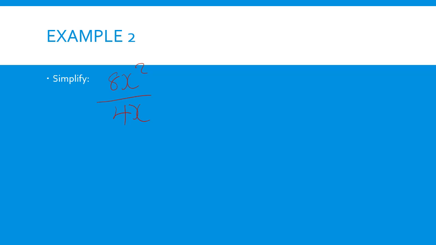And we would get 4x. So 4x is our common factor. So let's divide both of them. So it's 8x squared divided by 4x and 4x divided by 4x.